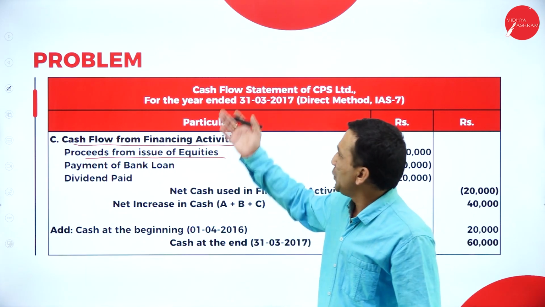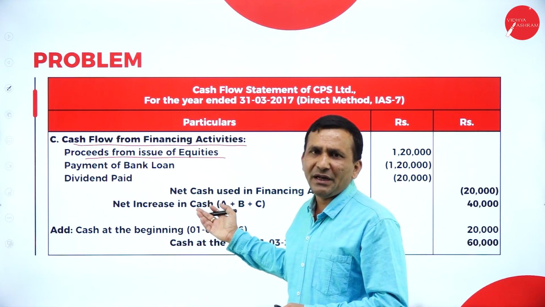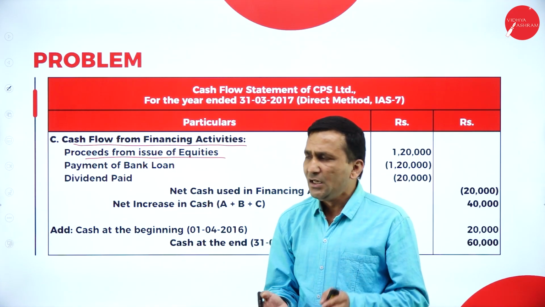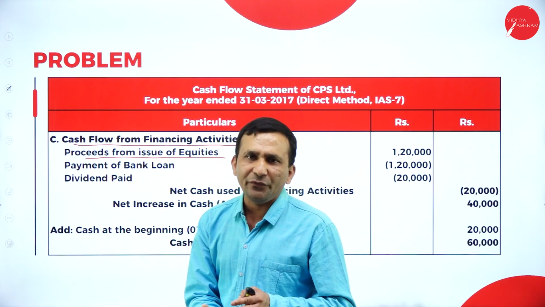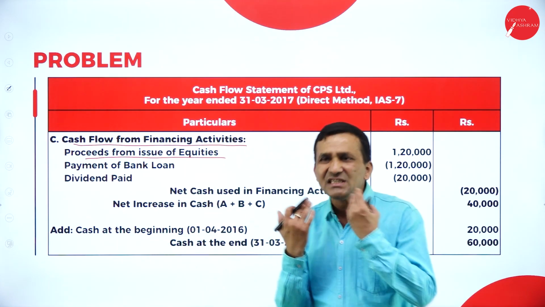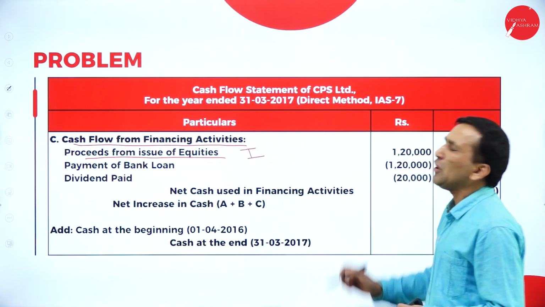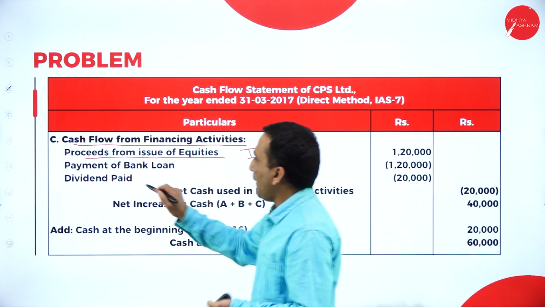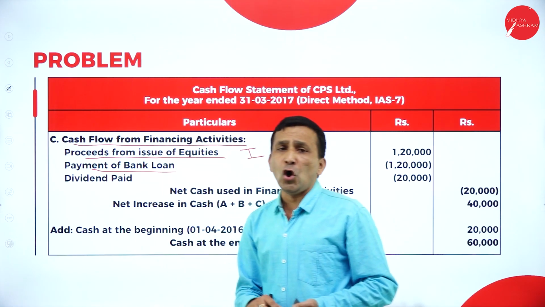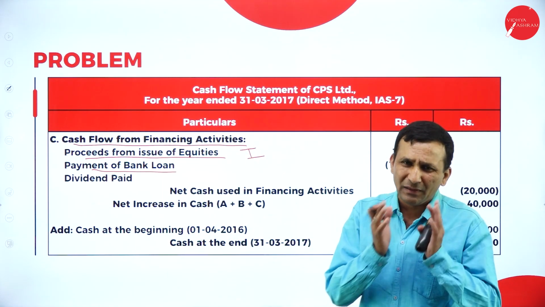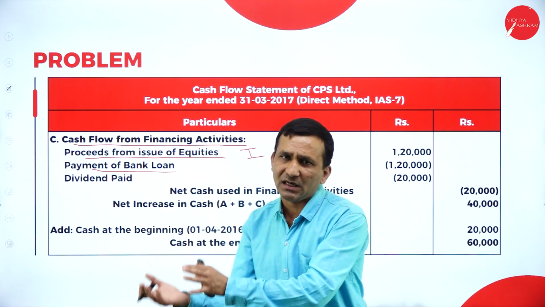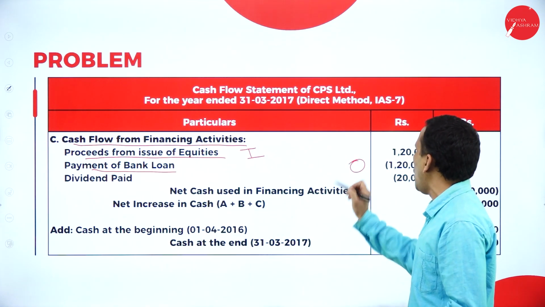This particular company is a joint stock company, so obviously they are raising funds with the help of equity shares, so you are receiving, right? So it is the inflow, and that's why it has a positive sign. Again, the repayment of bank loan: you are paying, the money is going from the business to the bankers, so it is an outflow.